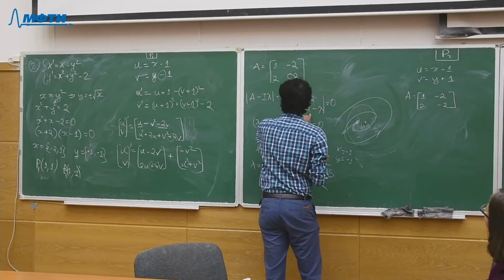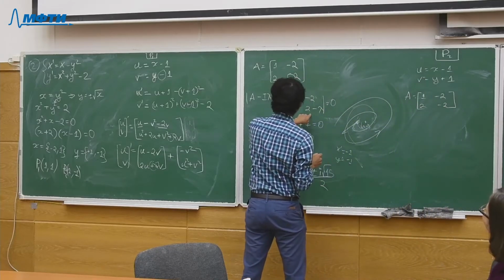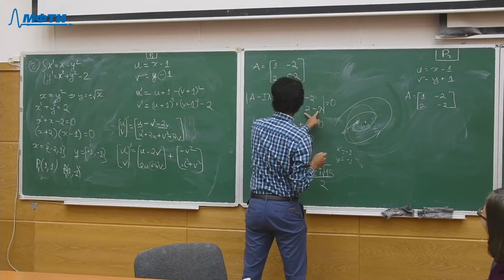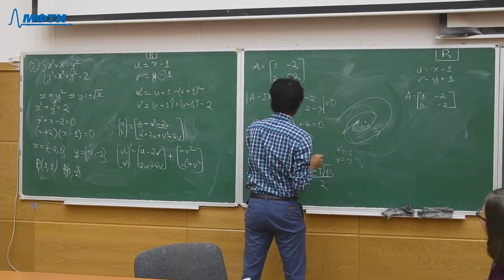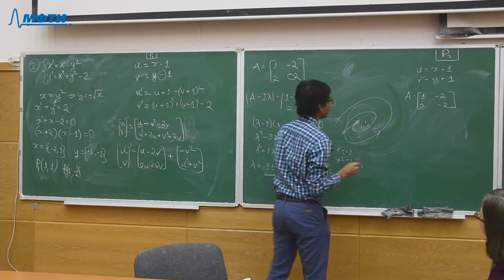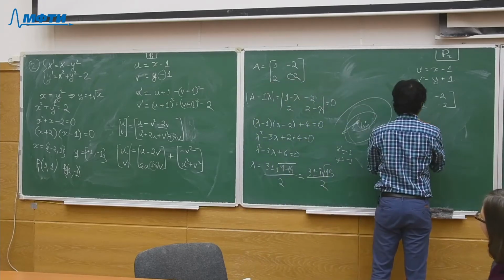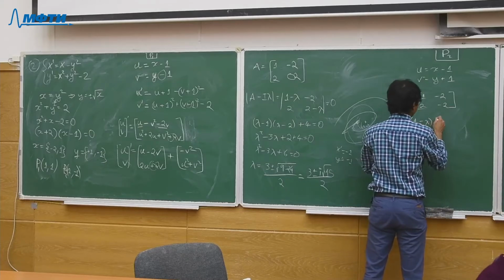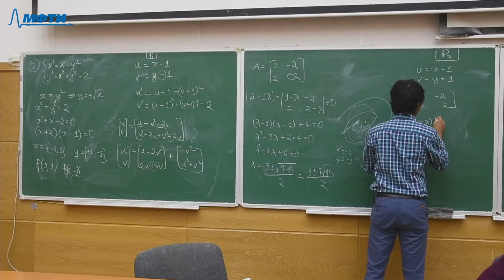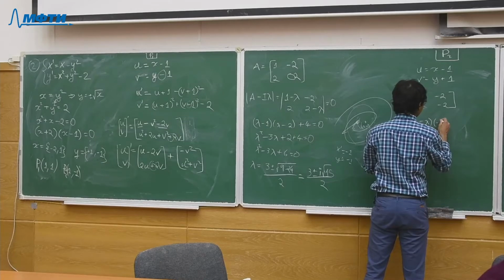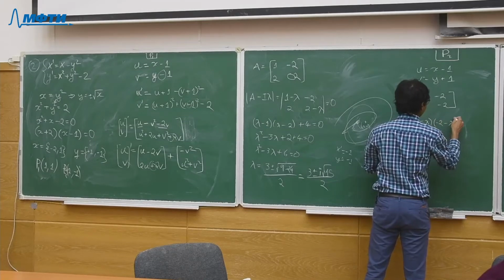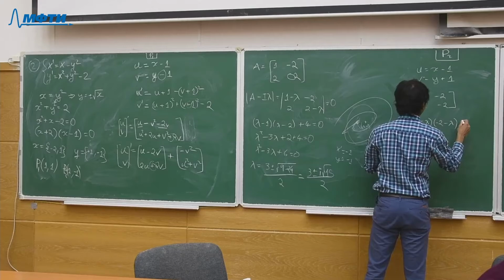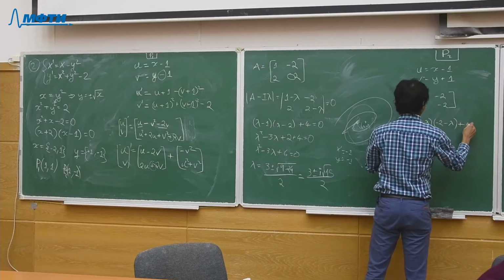And over here, what will change is the sign, so lambda minus plus 1, 2, and minus. Lambda minus the minus lambda, right? Plus 4.